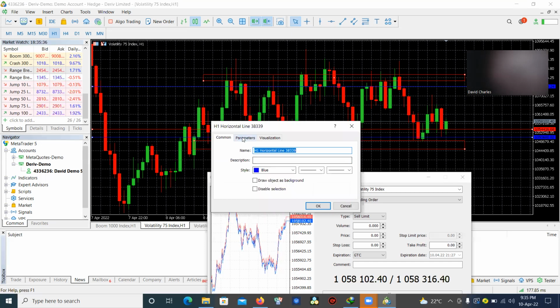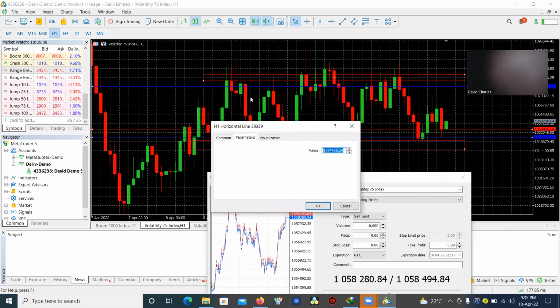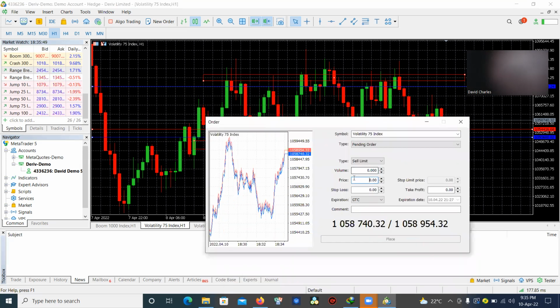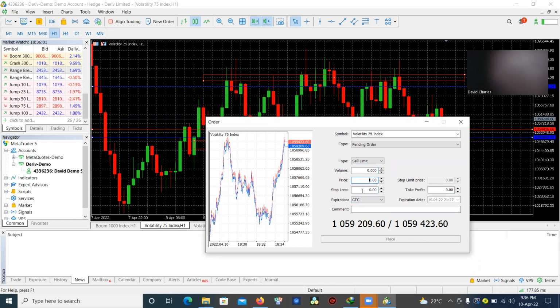And I repeat, once you identify this level, you take this price here and you paste it here at price. After that, you make sure that you have your stop loss and take profit in place, and also not forgetting your lot size.